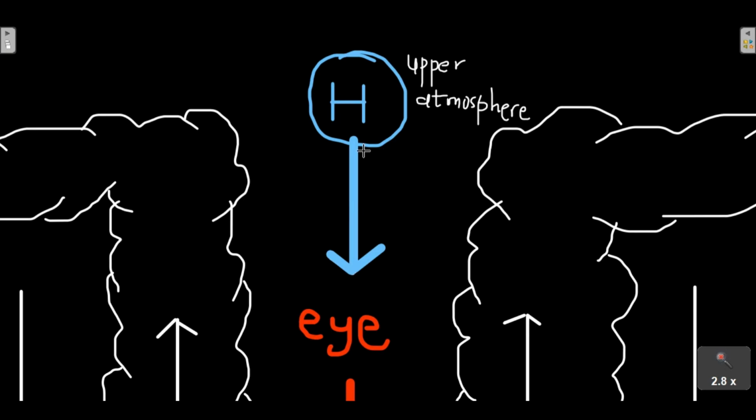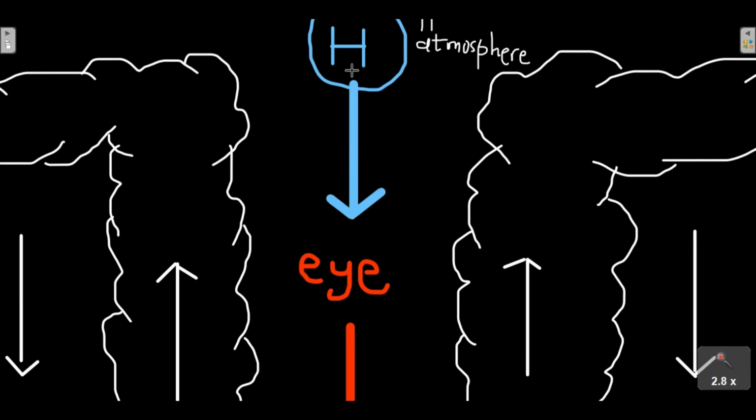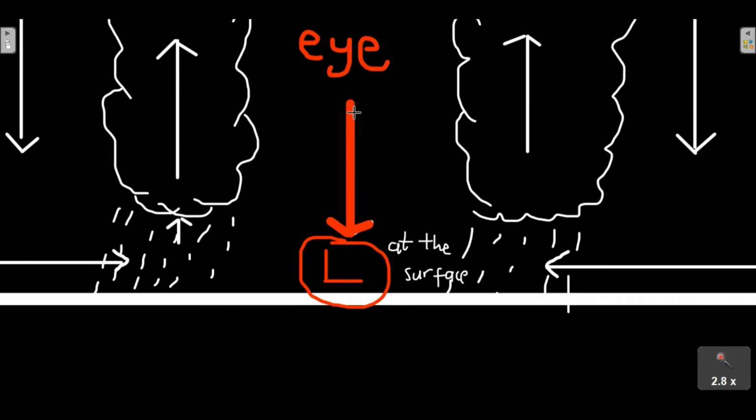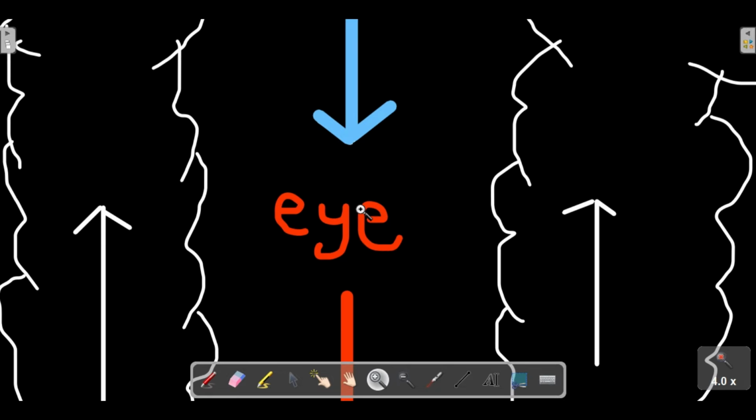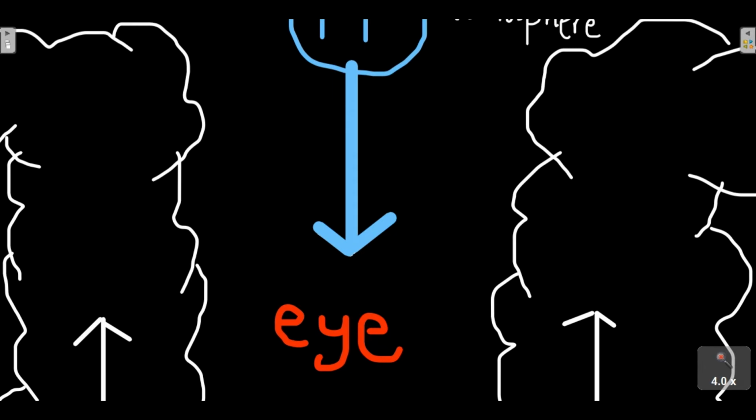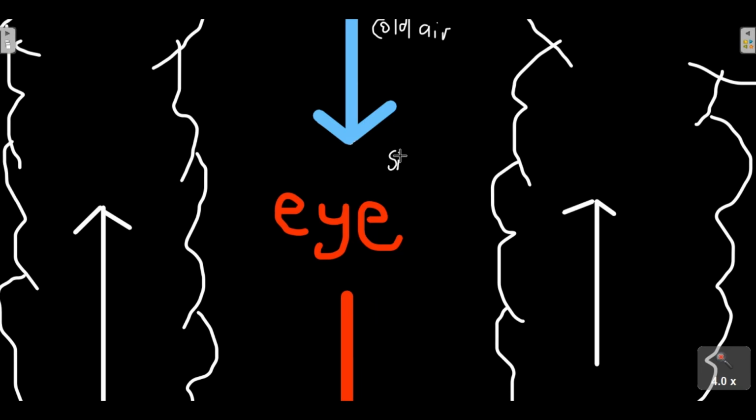In the upper atmosphere you have colder air, and this colder air descends down, but as it descends, it actually warms up. As you can see, we went from a blue arrow, so this is cold air. As it sinks down, it becomes warmer and warmer.